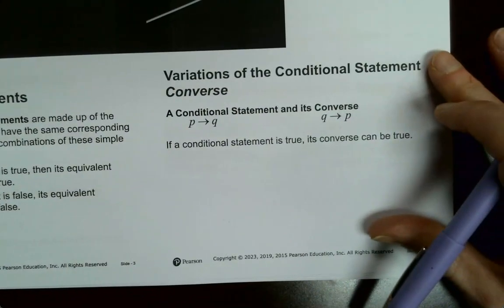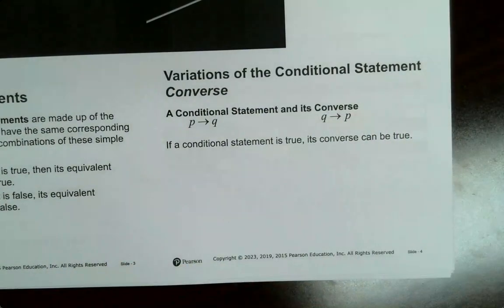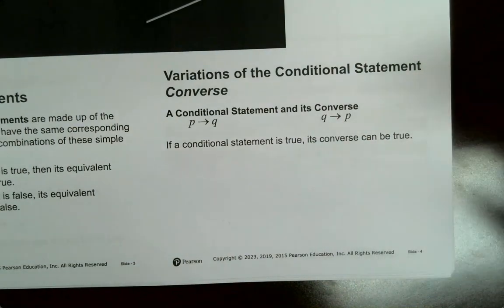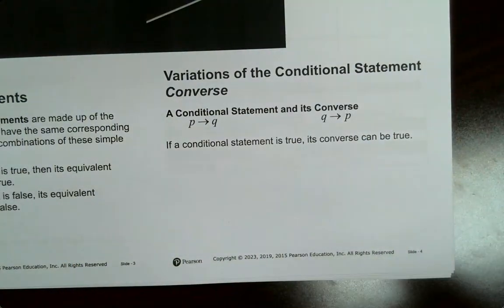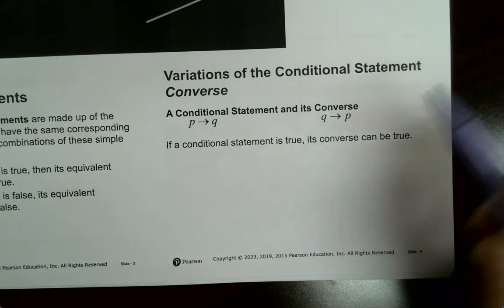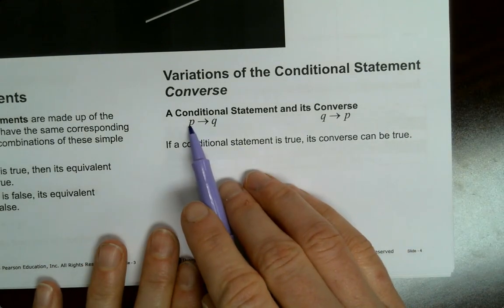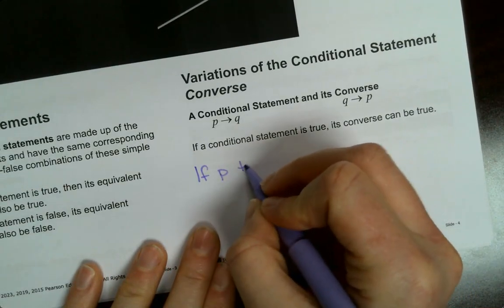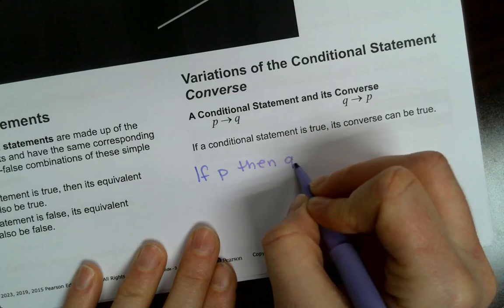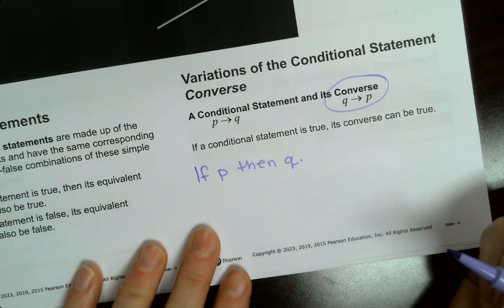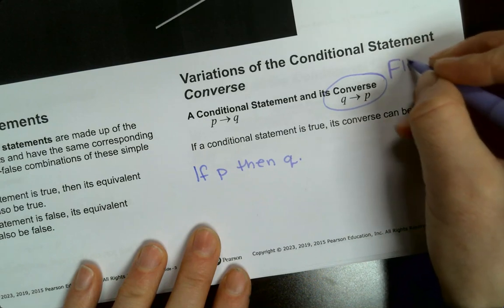So the first one that we're going to look at is the converse. I remember this back in high school geometry. This is where I first saw it. So you may or may not remember it. You have if P, then Q as our conditional. And our converse, all that happens here is that it's flipped.